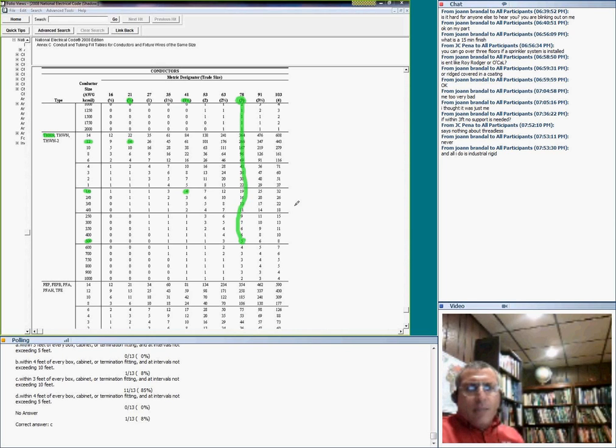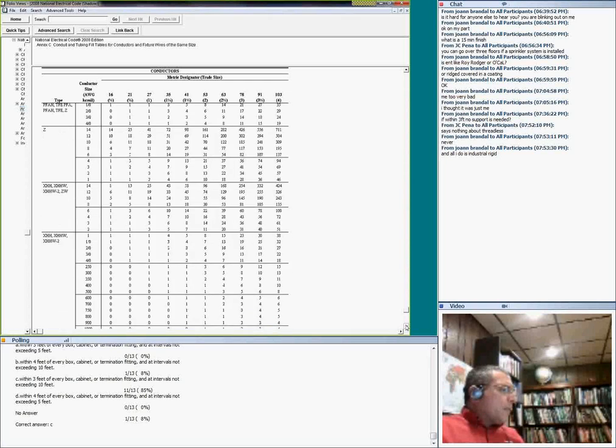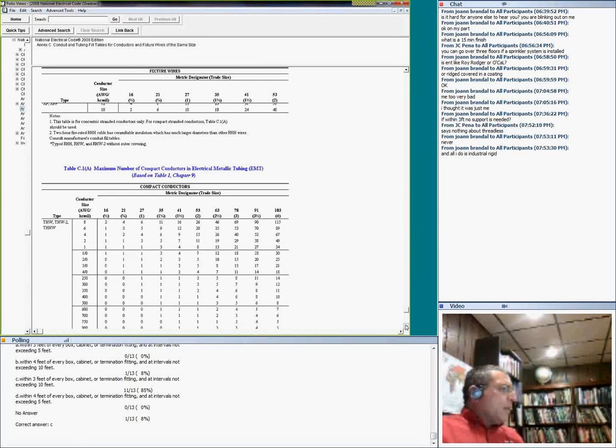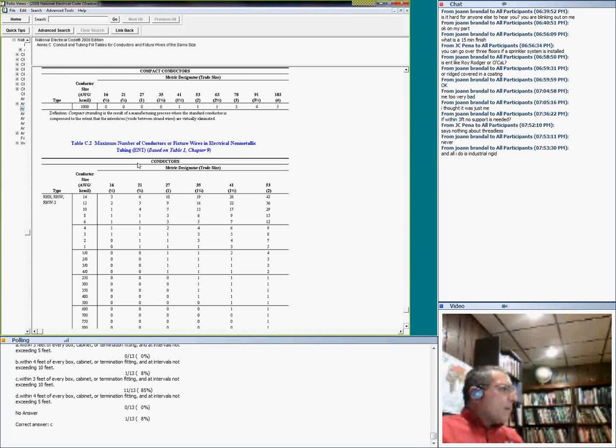Questions, guys? I want to show you, this is EMT, but you can find it for any other conduits. Coming down here, you can find it for EMT, ENT, rigid, all the conduits that were created in the code. Here's my ENT.